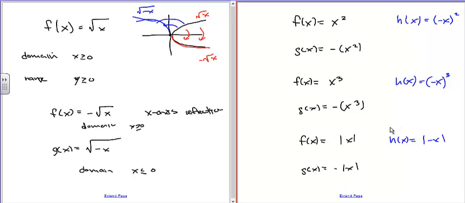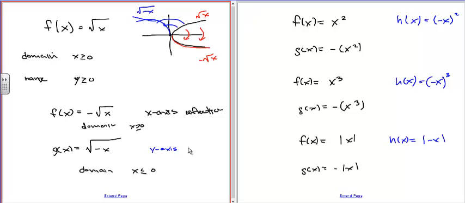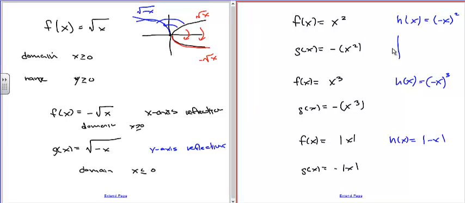So all three of these would be y-axis reflections. Now, for this problem, because of the symmetry of the function around the y-axis, if you plotted the curves, they would look the same.